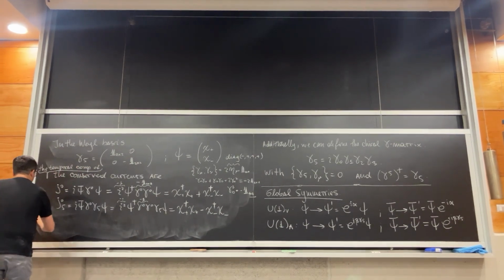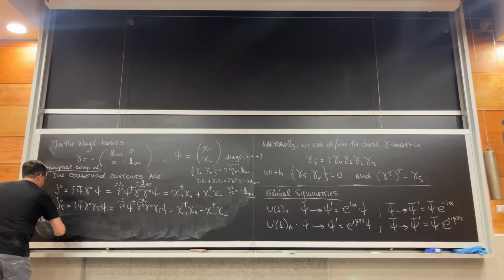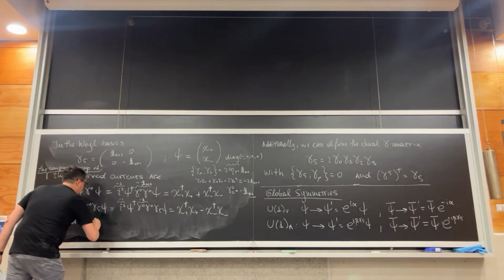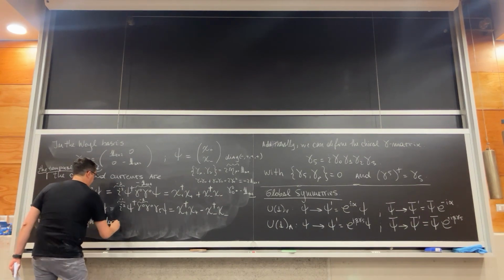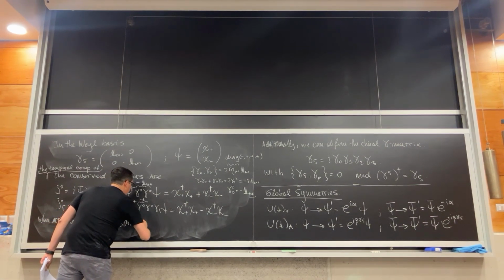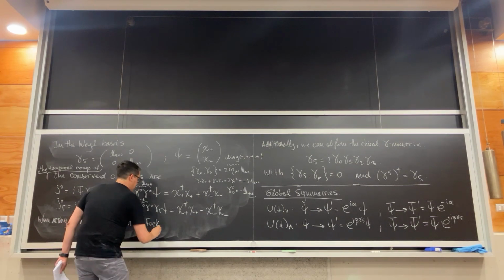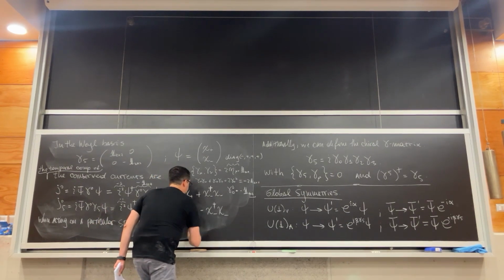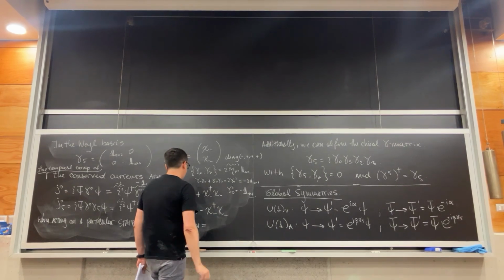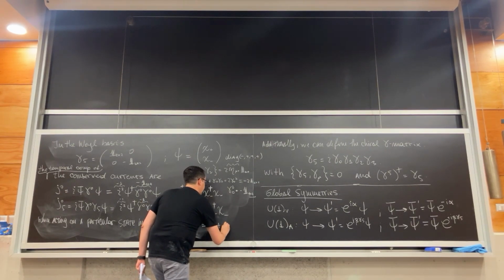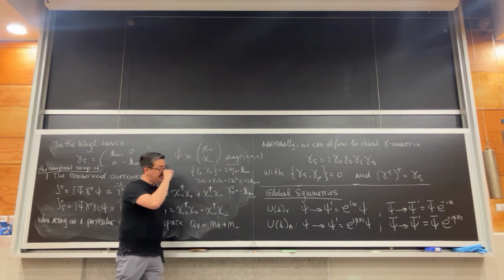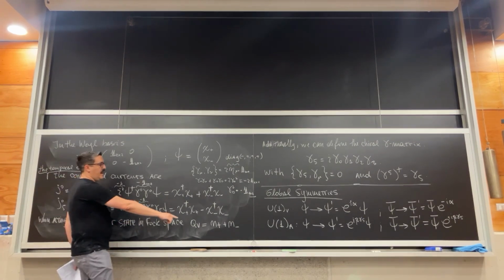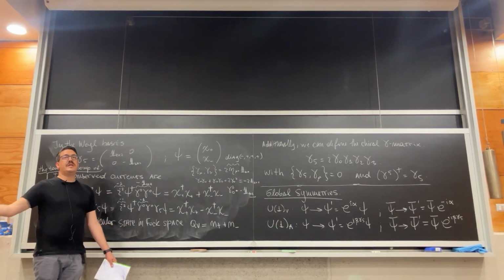So when acting on a particular state in Fock space, we conclude that the vectorial charge will give us n plus plus n minus, where n plus, as I was saying, is the number of spinors with positive chirality, and n minus is the same thing but with negative chirality, okay?